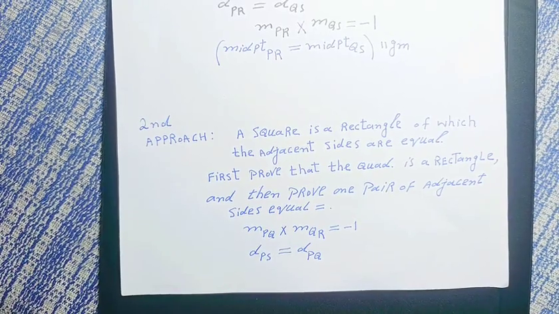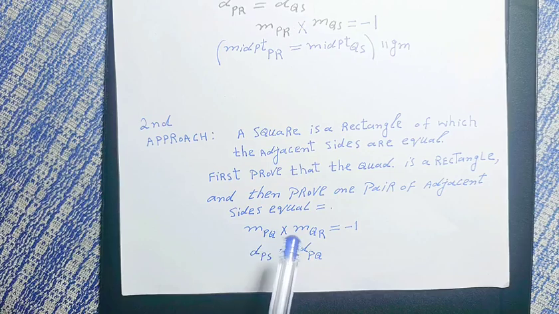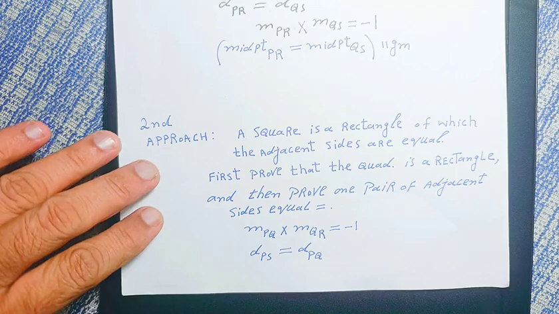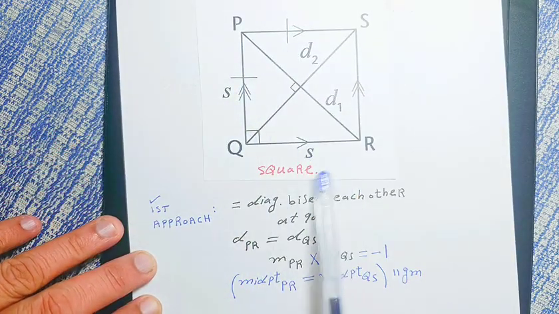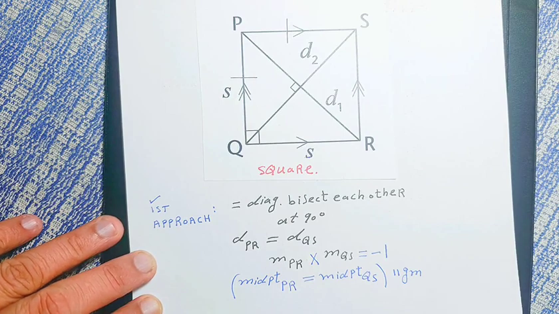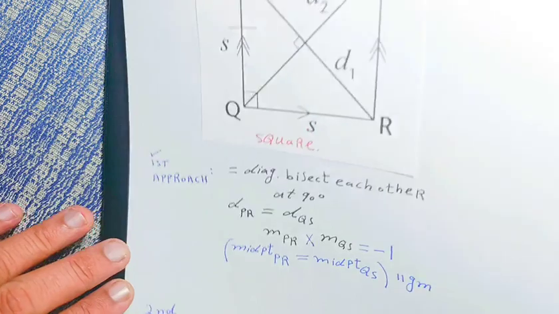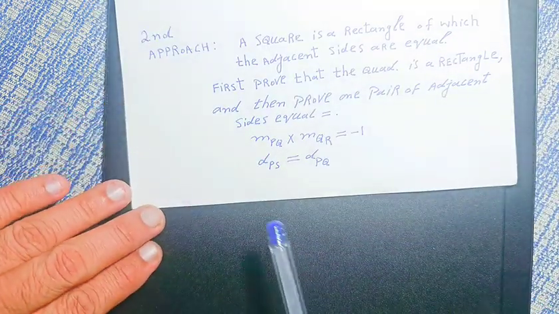And there is a second approach also, if you want to. A square is a rectangle of which the adjacent sides are equal. First prove that the quadrilateral is a rectangle and then prove one pair of adjacent sides equal. Right. So if they give you a parallelogram, like this is a parallelogram, and we need to prove this is a square, we can apply the second approach.